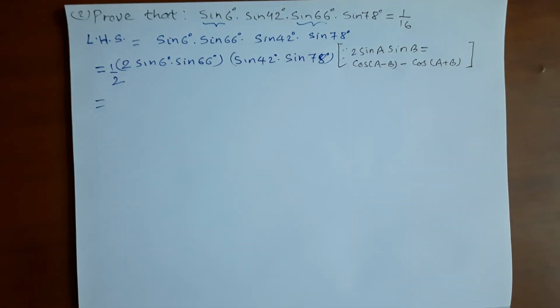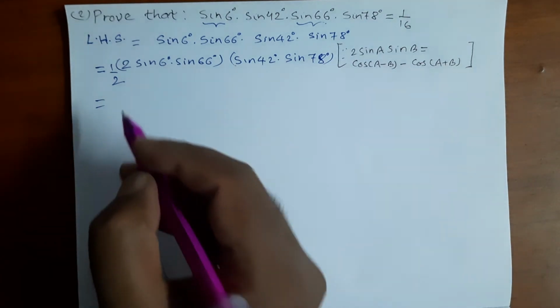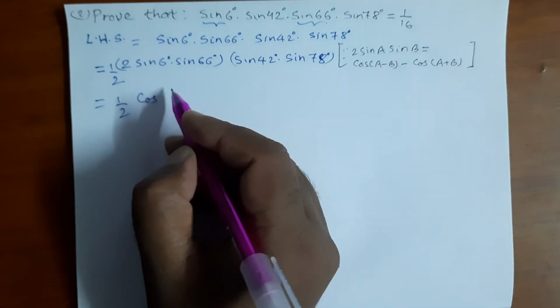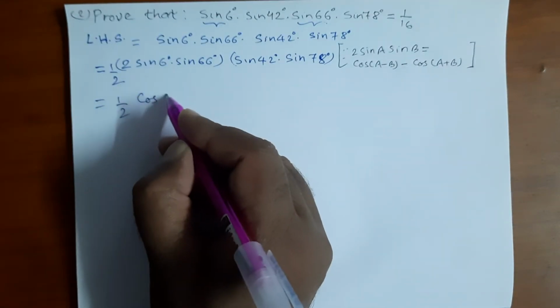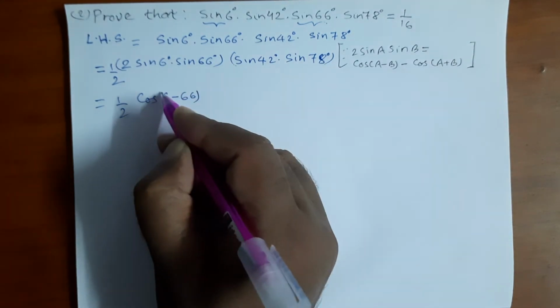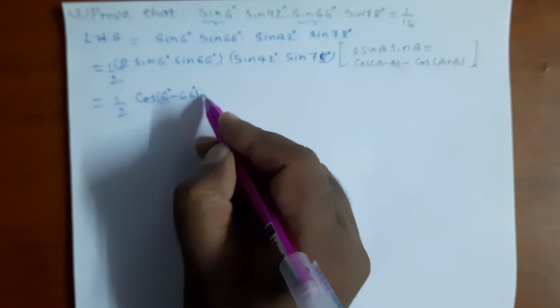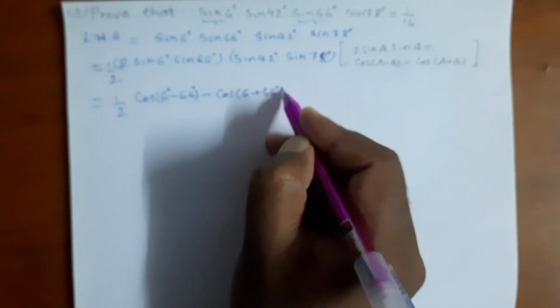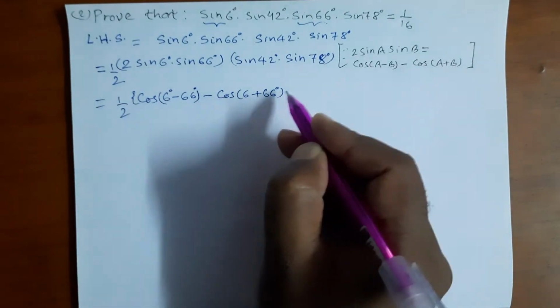Using that formula it becomes 1/2 [cos(6 minus 66) minus cos(6 plus 66) degree].